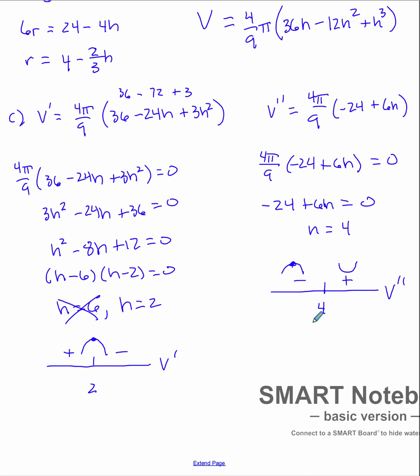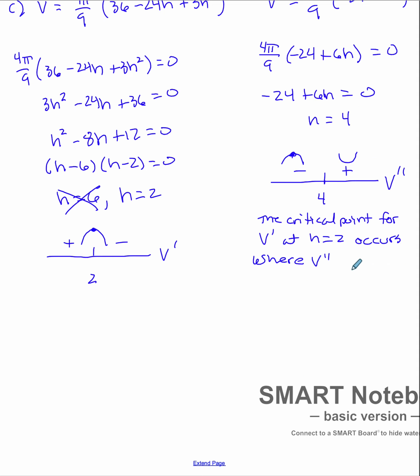How would you articulate that? Well, there's a lot of different ways to say it, but the critical point for v prime at h equals 2 occurs where v double prime, let's see, I guess we should say v double prime is negative, so v, meaning the original function and the graph of v, is concave down.